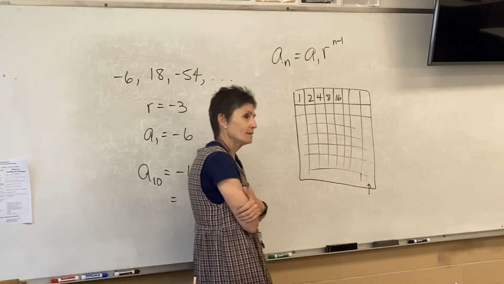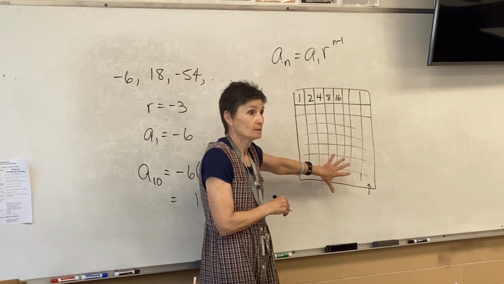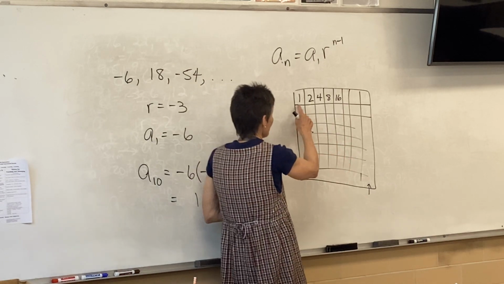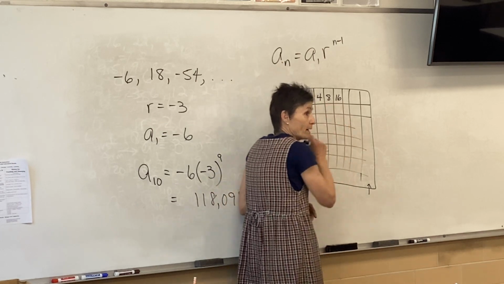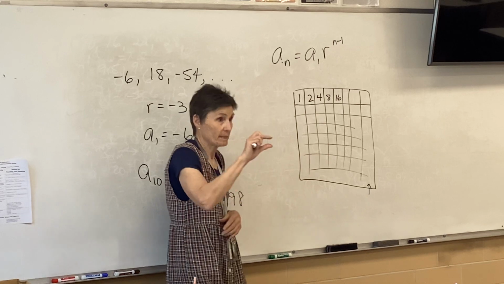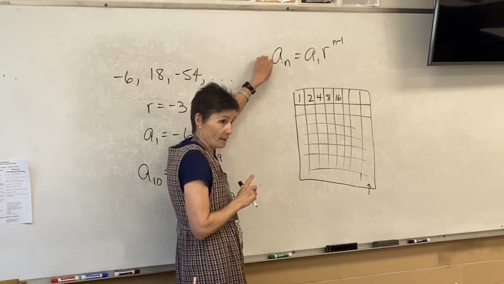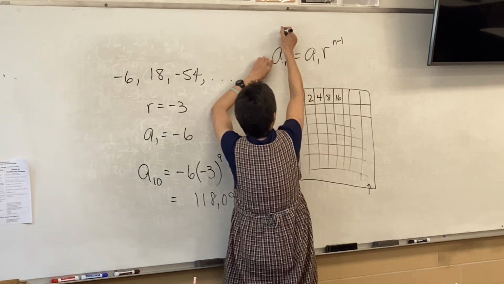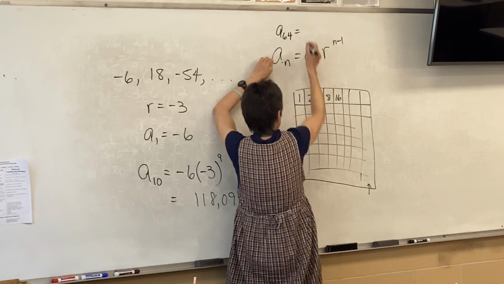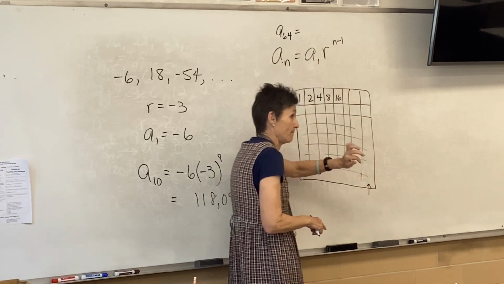Well, let's think about this. There's 64 squares here. Would you agree that the sequence of checkers is geometric? I'm doubling, timesing by 2. So I'm going to use this formula, it's geometric, and I'm going to find the 64th term, because there are 64 squares and I want the last one.